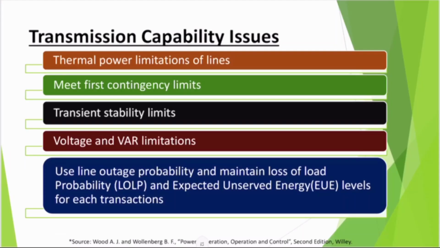Next is the first contingency limit. That means if at any time one of the transmission facilities fails, then the energy that is expected to be carried through that corridor now needs to be diverted to other lines adjacent to that point. So if one line fails unexpectedly, the other lines will automatically be overloaded. If you say my system is contingent enough to take care of certain n-1 failures, it means at any given point of time, one device failure can be managed.